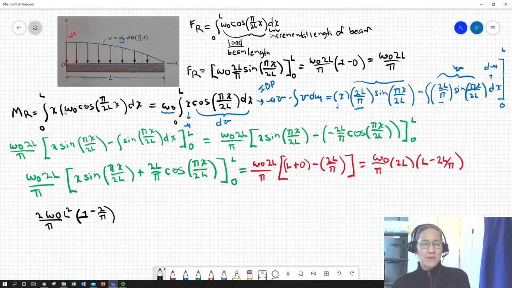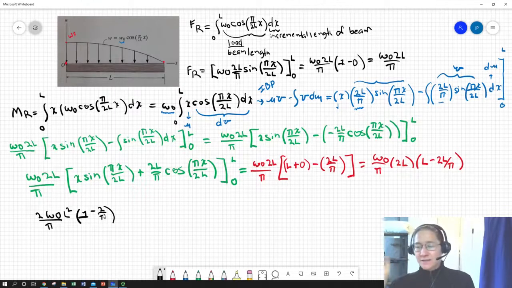Given that we have not put a downward direction on that force, we know our moment should be positive. Anything squared is going to be positive. So if this term is greater than 0, we've got one check at least that our moment term is correct.